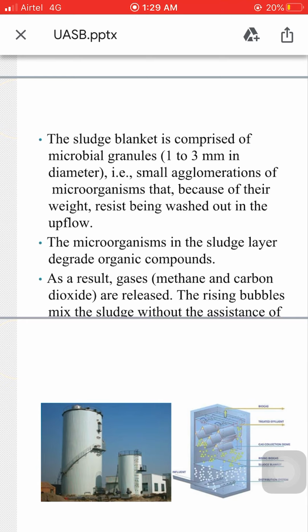The rising bubbles mix with the sludge without the assistance of any mechanical parts. It is directly mixed with the sludge, so we do not need any mechanical instrument.